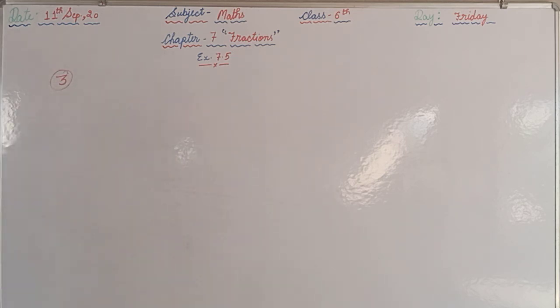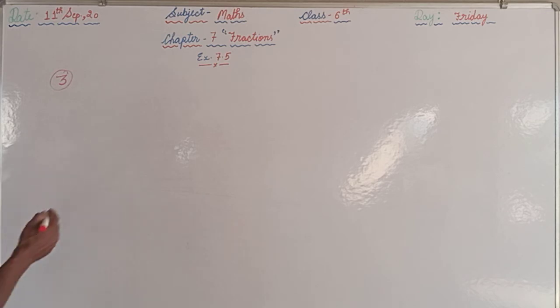As I told you previously, you are supposed to have your textbooks with you while watching the video, so that you can also read the questions. So question number 3 is, Shubham painted 2/3 of the wall space in his room. His sister Madhvi helped and painted 1/3 of the wall. How much did they paint together?